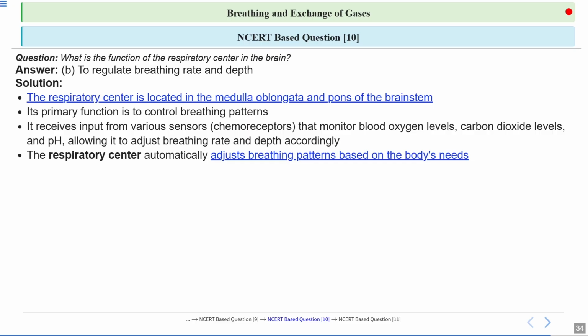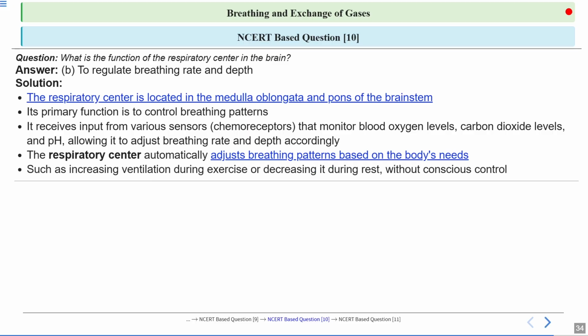If they find any change in these levels, the breathing rate and depth are adjusted accordingly. They are continuously sensing these levels. So the respiratory center automatically adjusts breathing pattern based on the body's needs, such as increasing ventilation during exercise or decreasing it during rest, without conscious control.